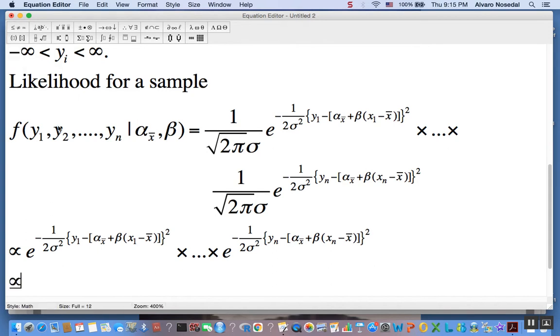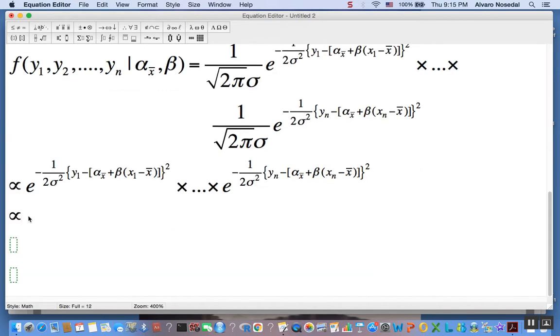Now, let me use the following notation for e to the something. I'm going to be using that notation for e to the power something, okay? So we have a product of n exponentials. So we know that all we have to do is add the exponents, okay? So that's what we're going to be doing next.